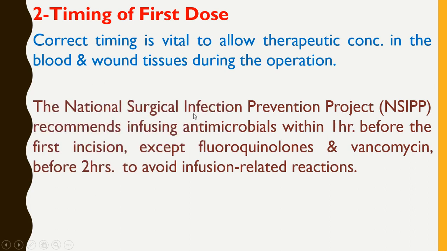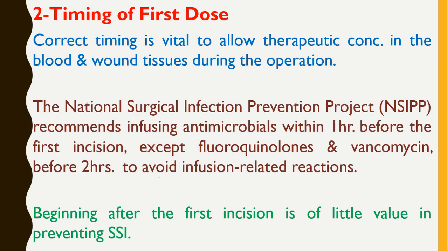The National Surgical Infection Prevention Project, NSIP, recommended using antimicrobial within 1 hour before the first incision, except fluoroquinolones and vancomycin, which are given 2 hours before surgery to avoid infusion-related reactions. Beginning after the first incision is of little value to prevent surgical infection. Okay?